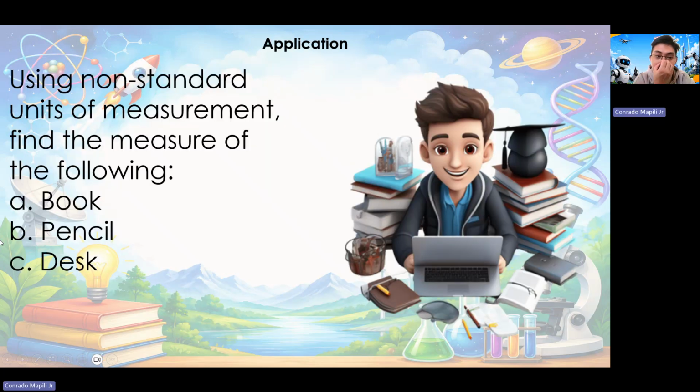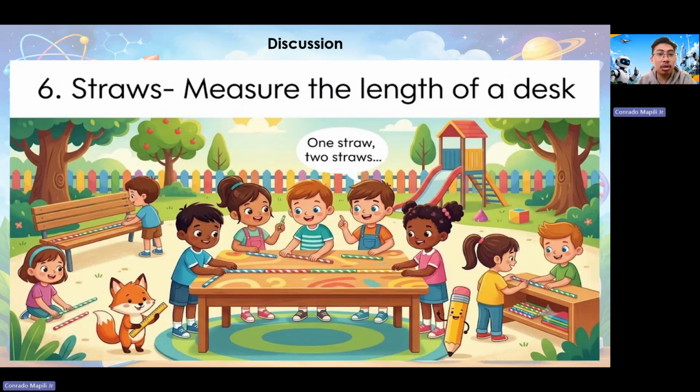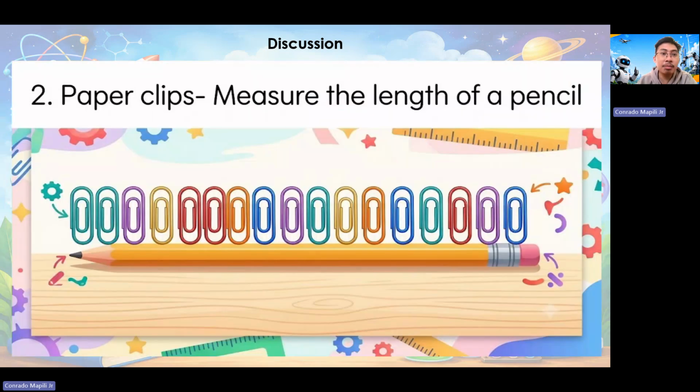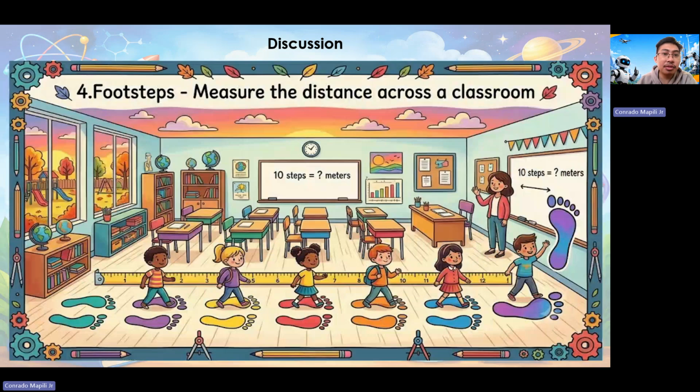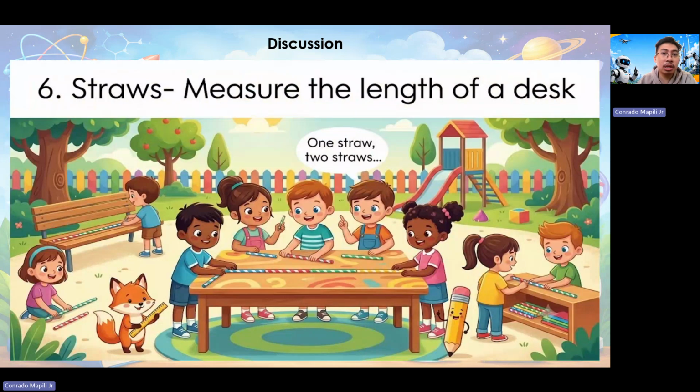So these are the non-standard units of measurement that we are using. Again, these are the examples: handspan, paper clips, popsicle sticks, footsteps, blocks or cubes, and straws. Those are examples of non-standard units.